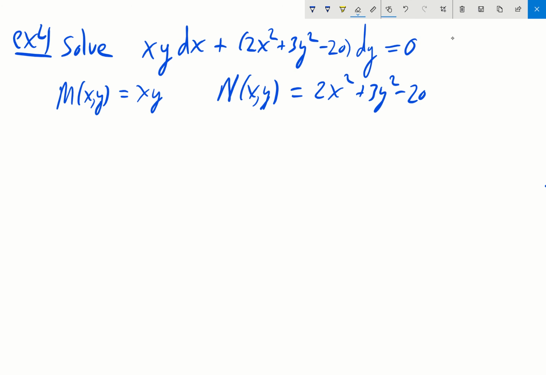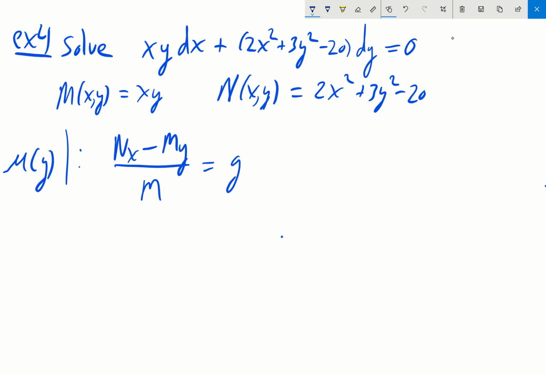So we have one more shot at this. Maybe it's possible that there could exist an integrating factor of the form mu of y. Let's check that. For there to be an integrating factor of the form mu of y, what we would need is for Nx minus My divided by M to be a function of y.